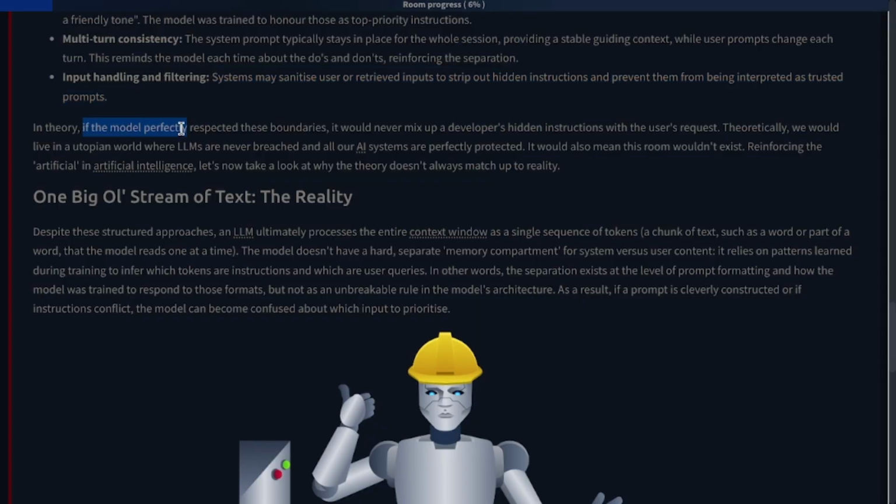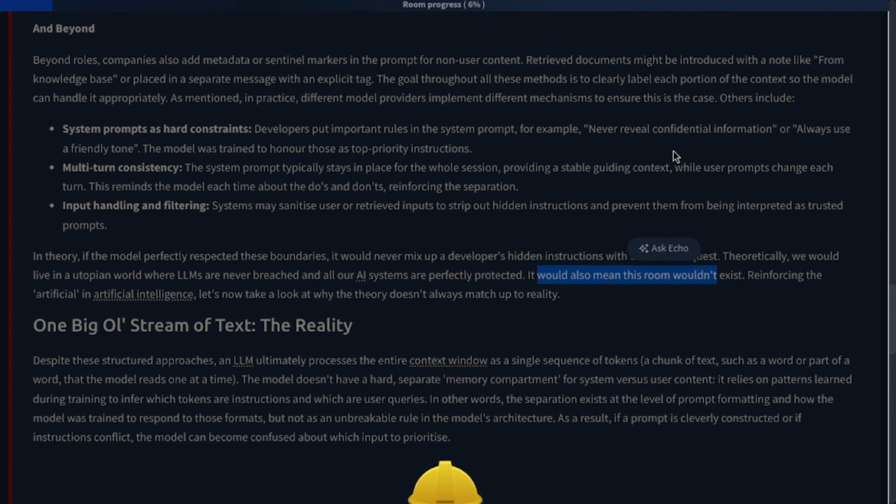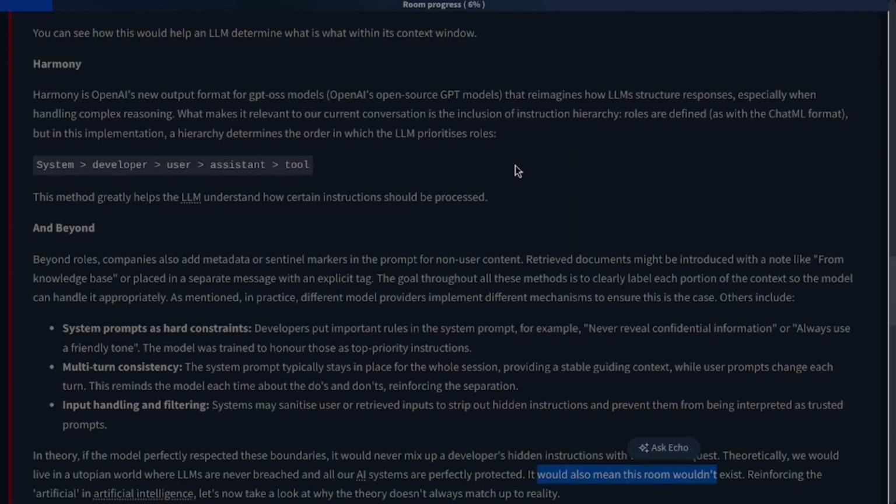And in theory, if the model perfectly respected these boundaries, it would never mix up developer hidden instructions with the user request. Theoretically, we would live in a really good scenario where LLMs are never breached and all our AI systems are perfectly protected. It would also mean this room wouldn't exist, and there wouldn't be any difference between the user priority level, the developer, and the system.